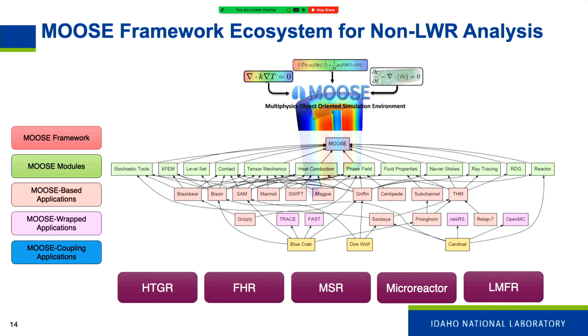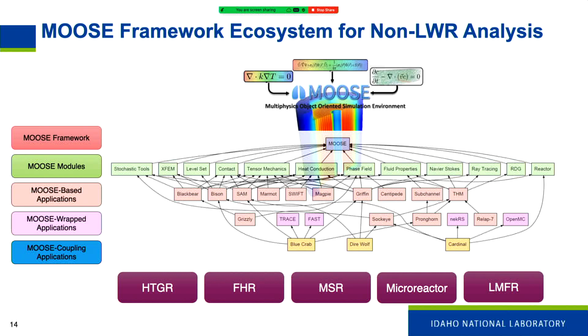And then we have non-Moose-based applications, or Moose-wrapped applications. Those are the pink ones here, and we have NekRS and OpenMC, for instance. And then we have TRACE and FAST, which are Nuclear Regulatory Commission codes. Finally, at the yellow level down here on the bottom, that gets to what we're talking about today, which is combining multiple applications together.